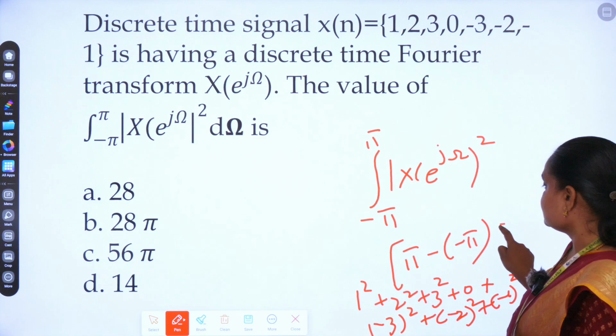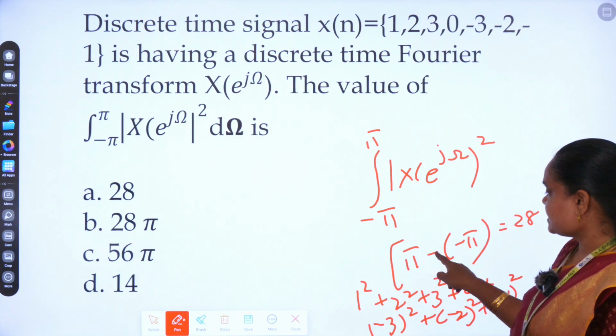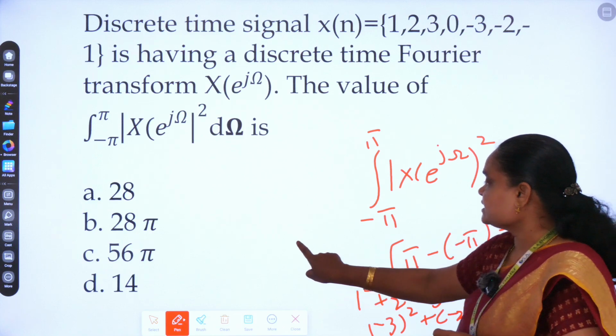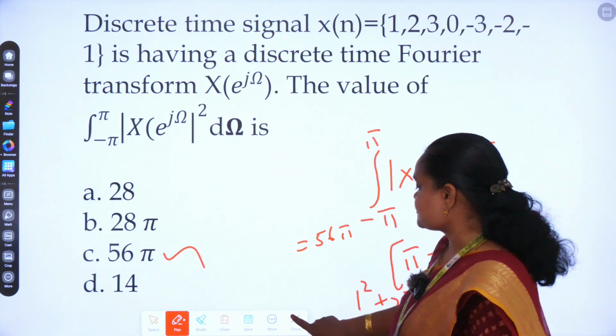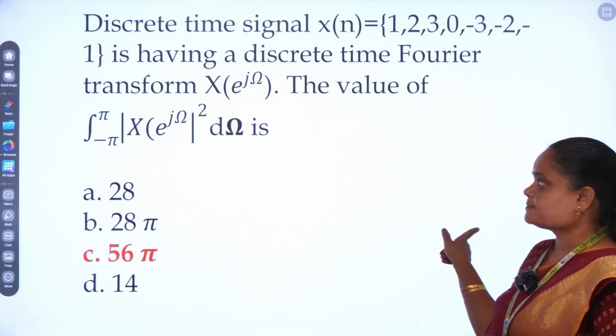We get 28. Pi minus of minus pi is 2 pi. 2 pi into 28 is 56 pi. So the answer is 56 pi. You can check it.